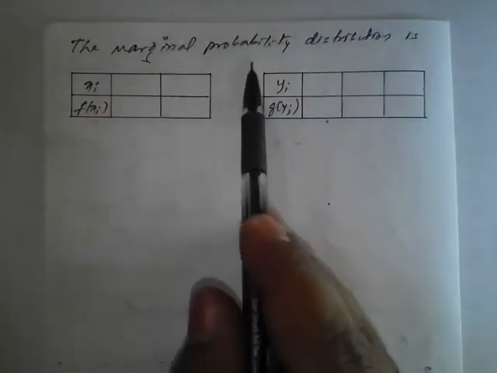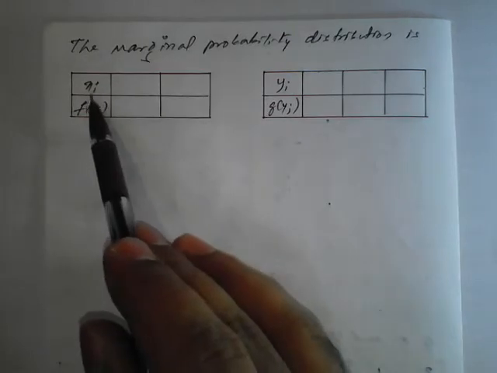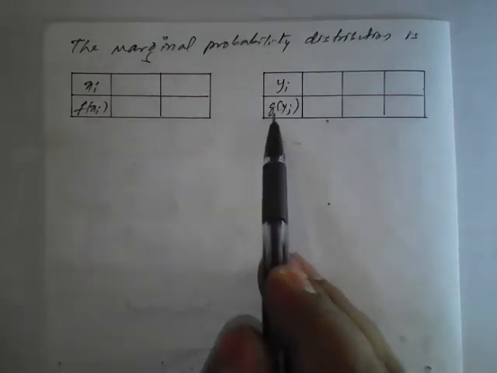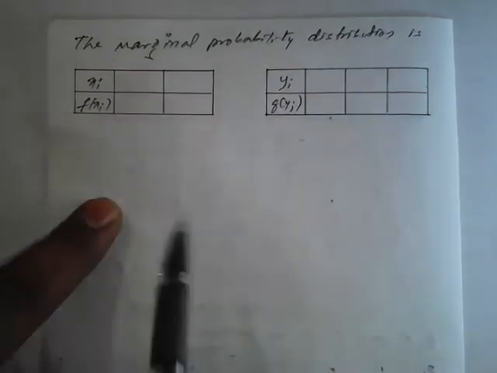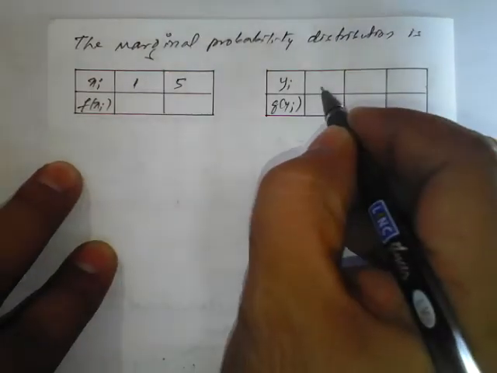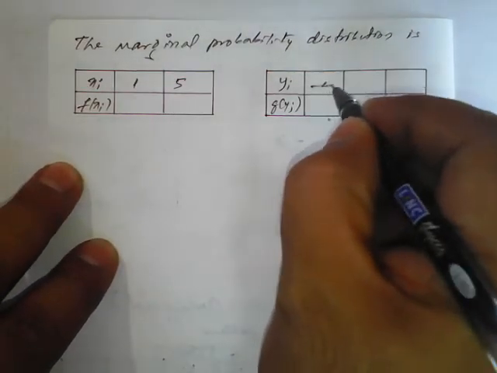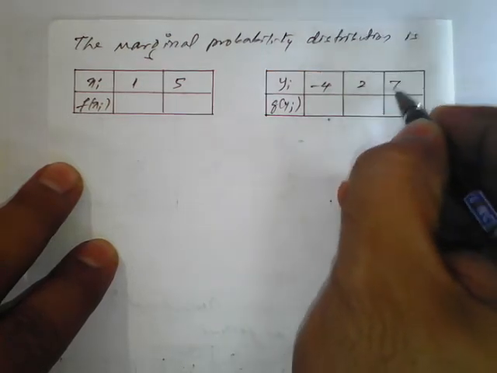This is the table for the marginal probability distribution: x and f of x, y and g of y. The x values are 1 and 5, and the y values are -4, 2 and 7. I have taken these values from the table.